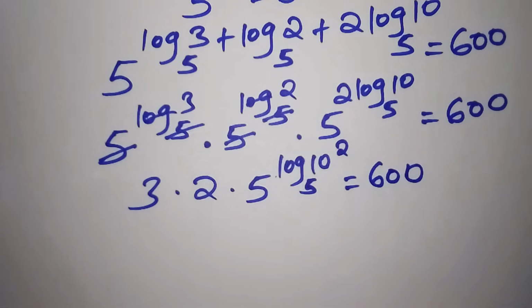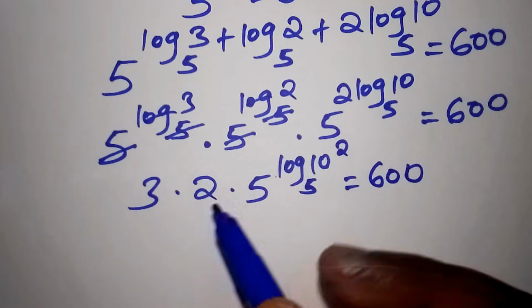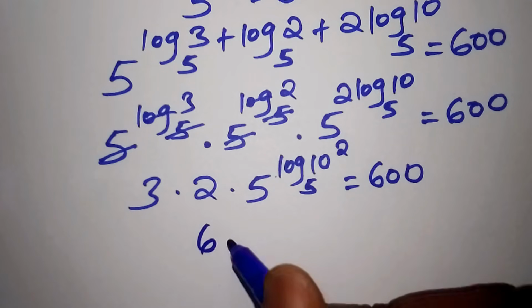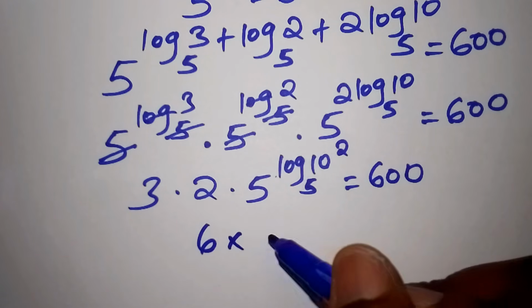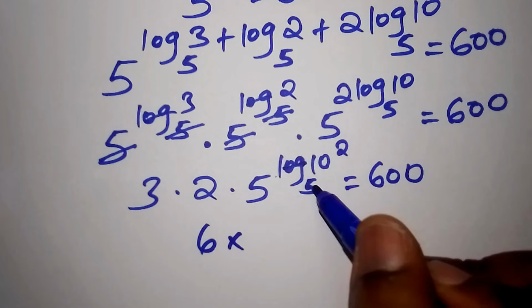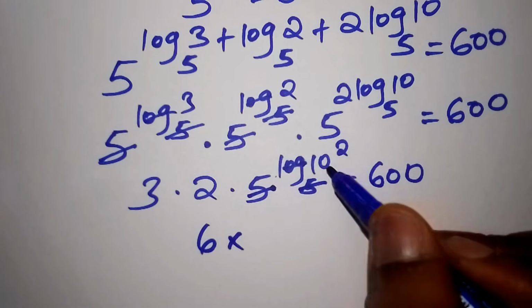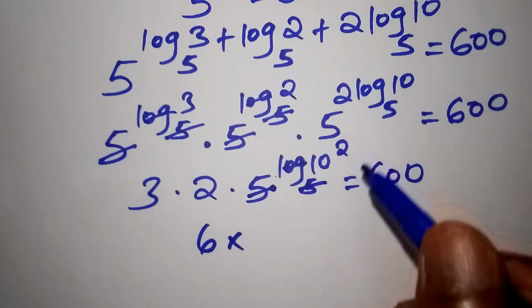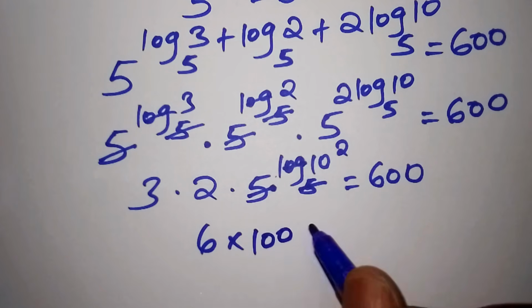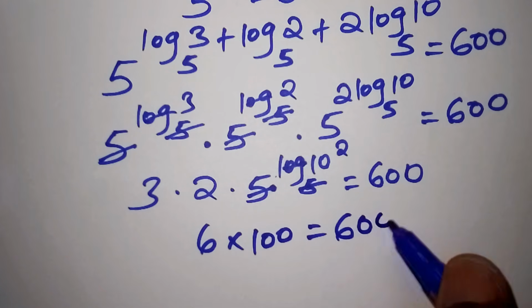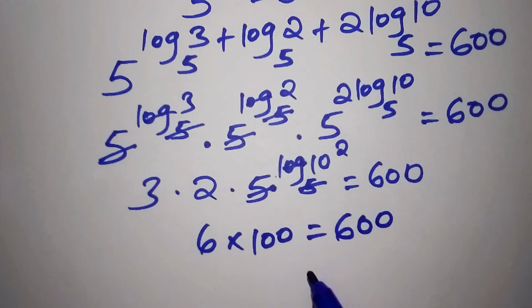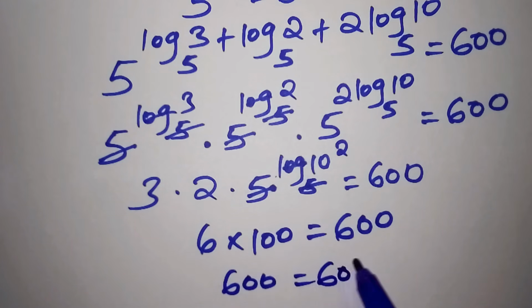So next, 3 multiplied by 2, so here now we shall have 6, then 6 multiplied by, so the log to the base of 5 shall cancel this 5, so now we shall remain with 10 to the power of 2, that is 100, is equals to 600. So 6 multiplied by 100, that is 600, is equals to 600.